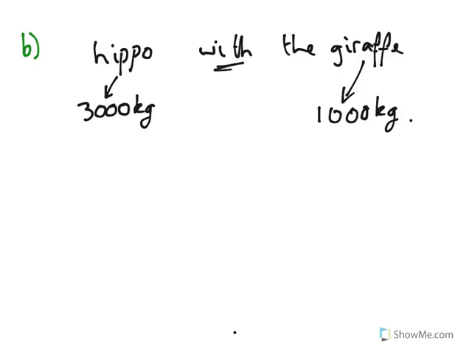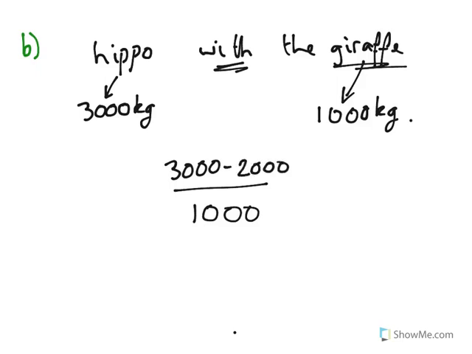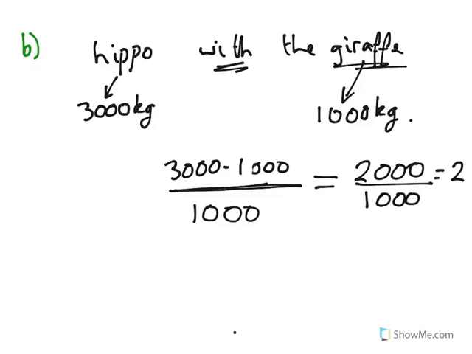And we're comparing with the giraffe, so we know straight away that it's the 1,000 kilos that's on the bottom and the difference on the top. 3,000 minus 1,000. The difference divided by the comparison. The giraffe only weighs 1,000 kilos. So the difference is 2,000 divided by 1,000, which is 2. This is the decimal number, but we want it as a percentage. Equals 2 times 100 equals 200%.